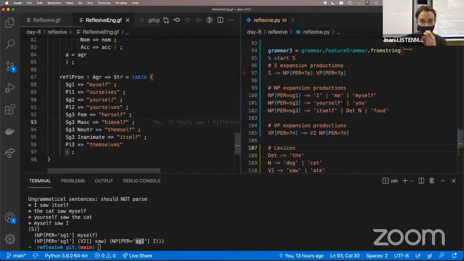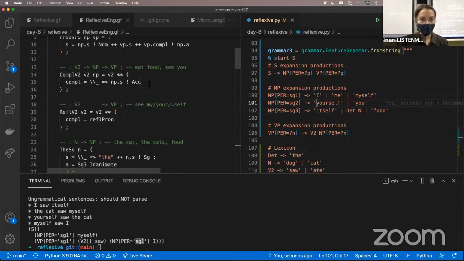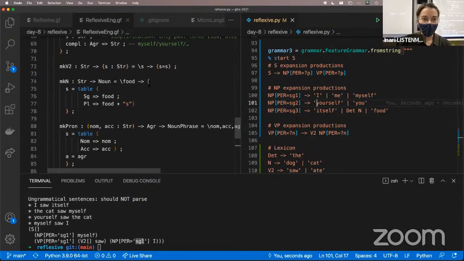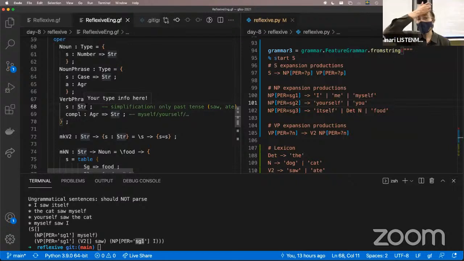So let's add the inflection. We can start from something, adding something to both. So now, instead of having past tense, let's do eats and sees.